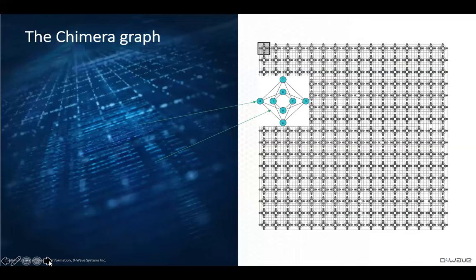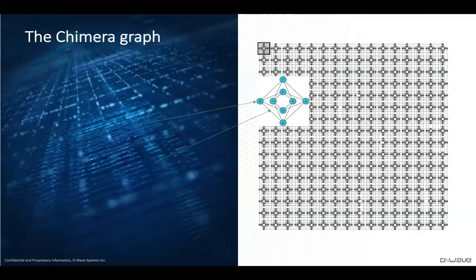Let's just show what a Chimera graph looks like. There are particular interactions that are offered. Here we have shown the structure of the current D-Wave architecture quantum computer, the 2000Q machine that is currently publicly accessible. Notice that there are 16 rows and 16 columns, so 256 unit cells.